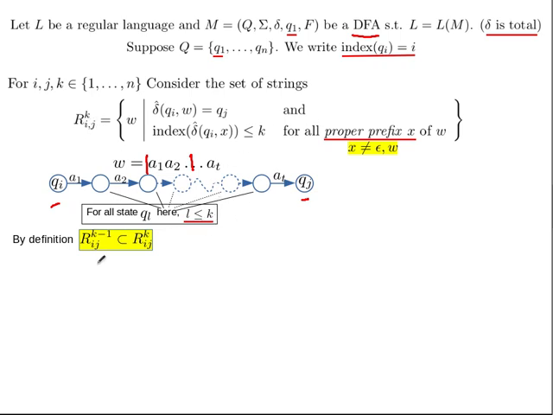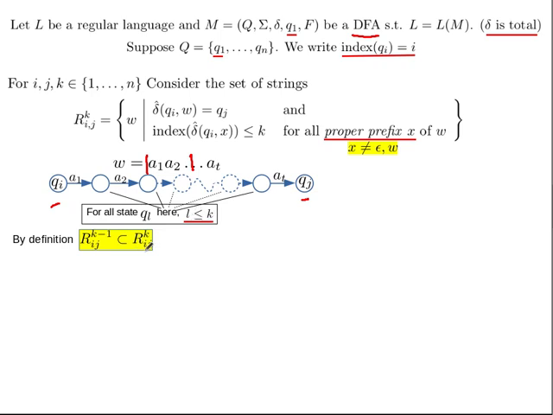Now you see, by definition, this Rij k minus 1 will be a subset of this. Why? Because what is this superscripted parameter saying? That all the intermediate states are of index less than or equal to k. So if it is less than or equal to k minus 1, then it is automatically satisfied that it is less than or equal to k, right?